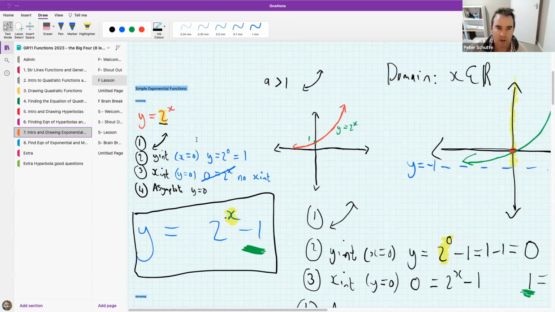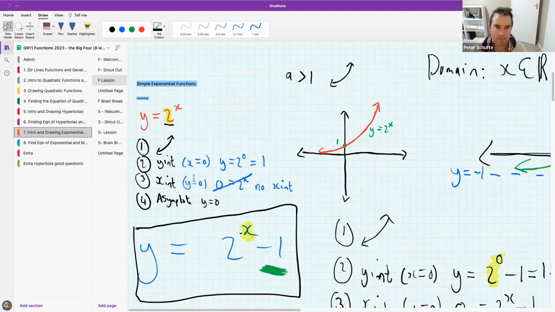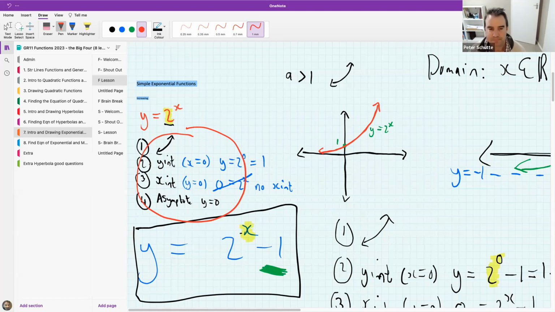Here it is in front of us. So we identified the shape, and then we also found the y-intercept, we found the x-intercept, and then we also found the asymptote. Annie, you are on the ball. Yes. Okay, so those are the 4 steps that we're going to keep in mind. So the shape, the y-intercept, the x-intercept, and the asymptote. And then we would draw them.